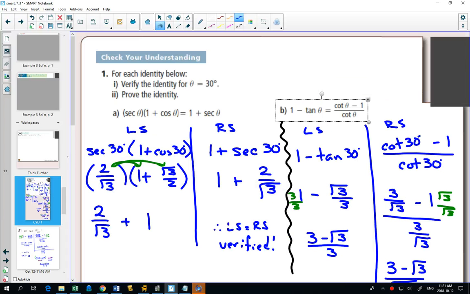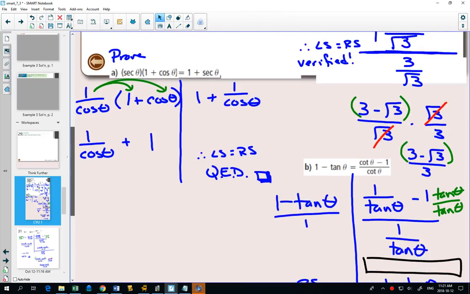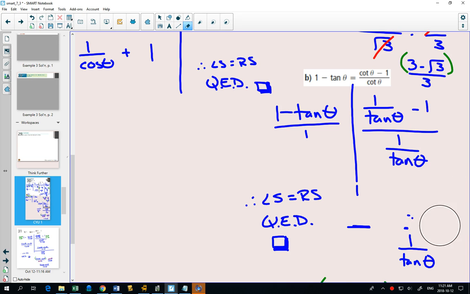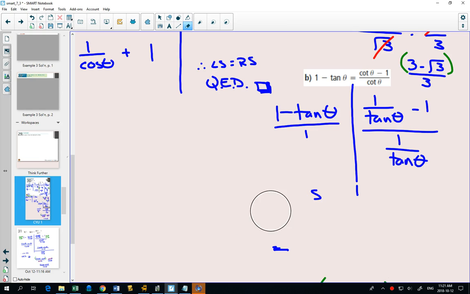And the last proof I'm going to show you. You don't have to write them all down. It does not matter which way you choose. Okay. You change both things to tan.